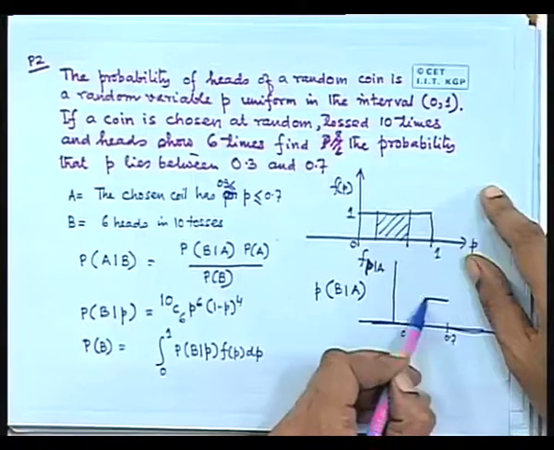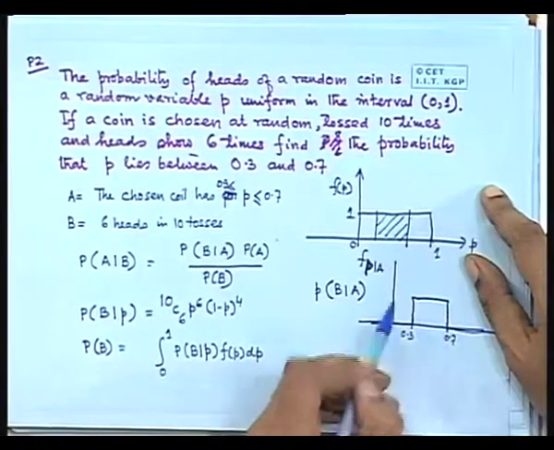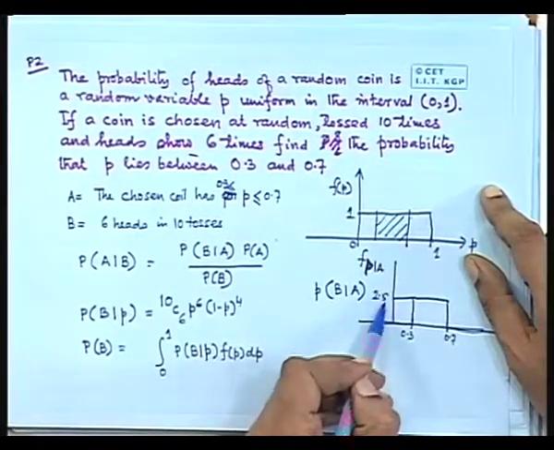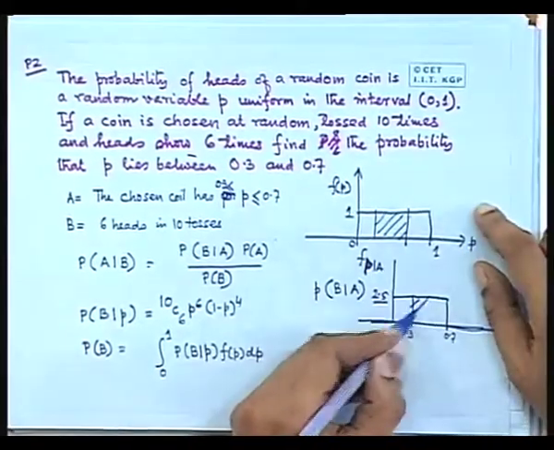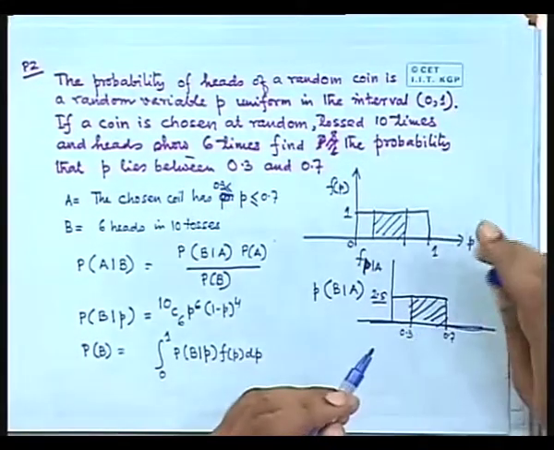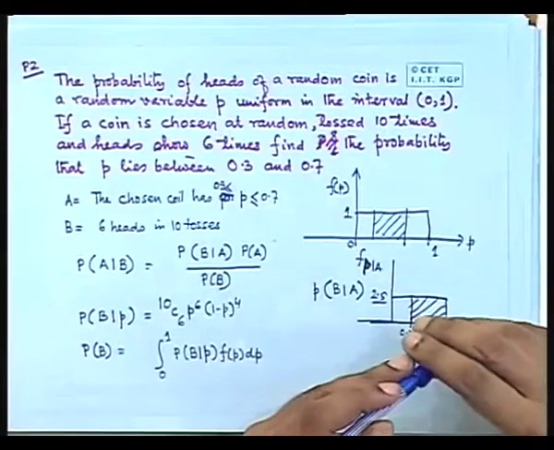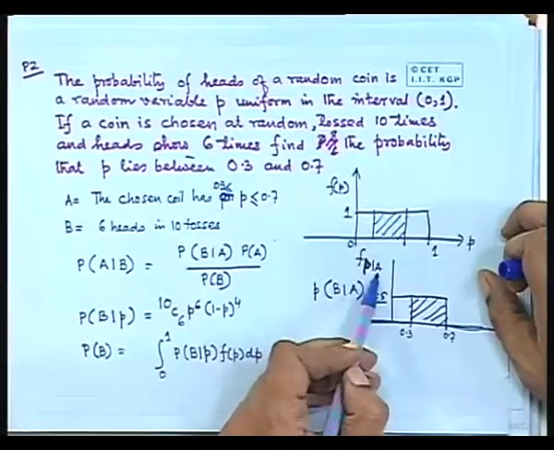So this is going to be again like this, but this level will now be 2.5, because the area must come to 1. Correct? So this is your probability density function of P given A.